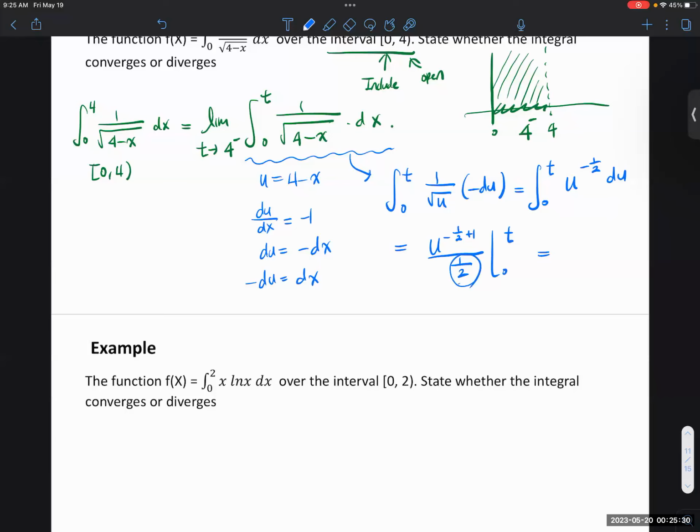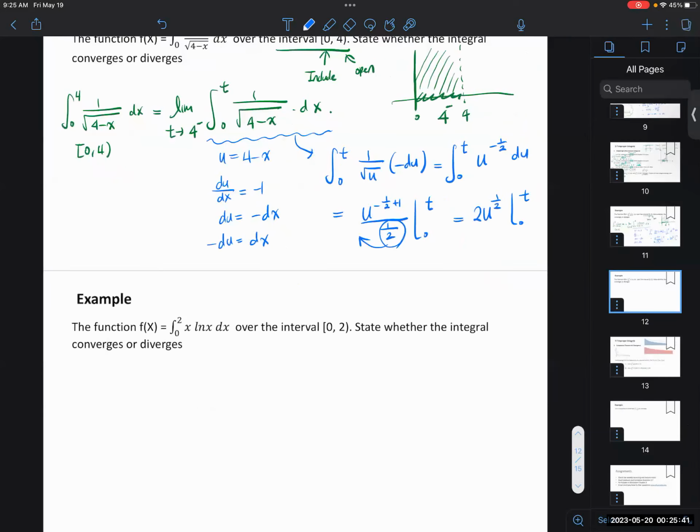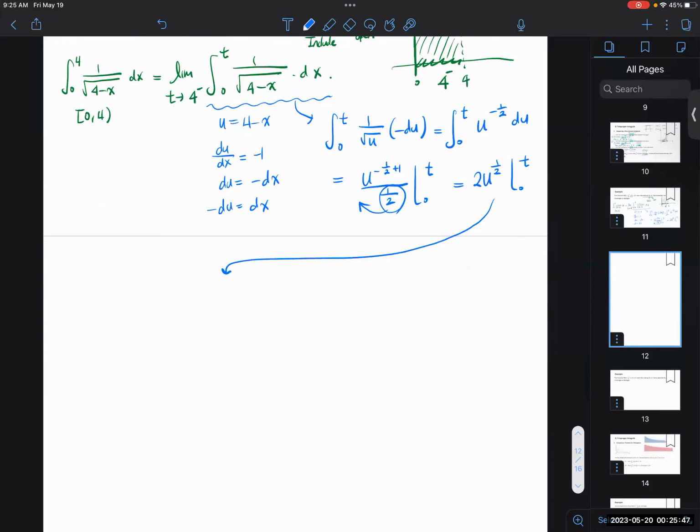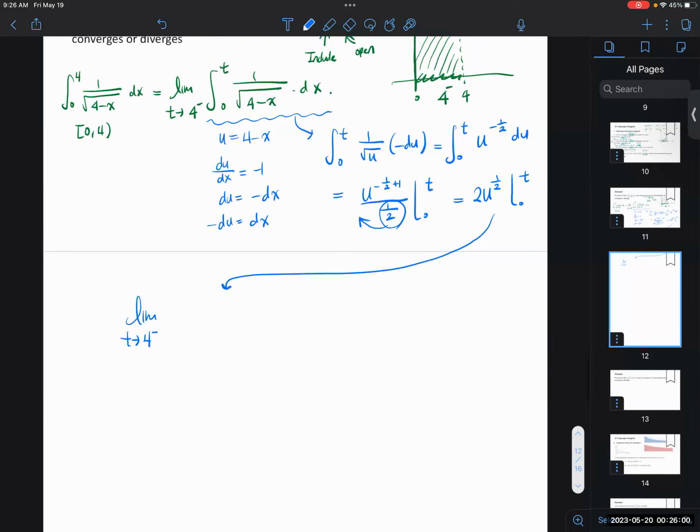So I can flip this one, 2 times u to the 1/2, from 0 to t, right? So that's what I got. And then we are going to take the limit of it. So I'm gonna go back here. So we are taking the limit, t approaching the left side of 4, and then we have to write 2. So let me double check.